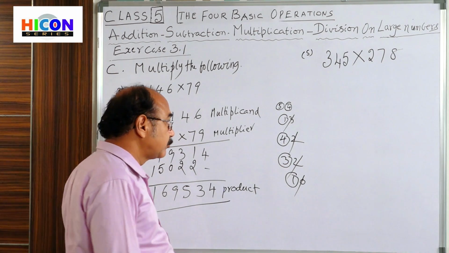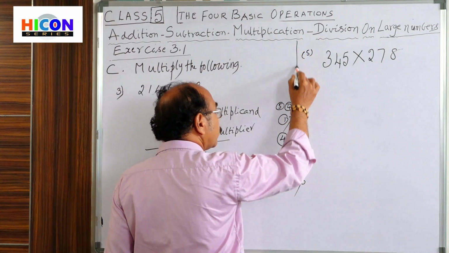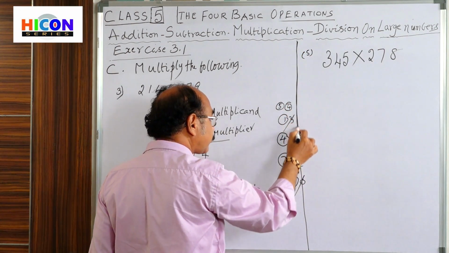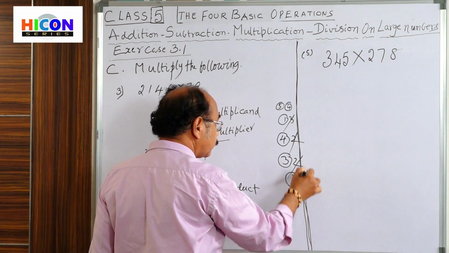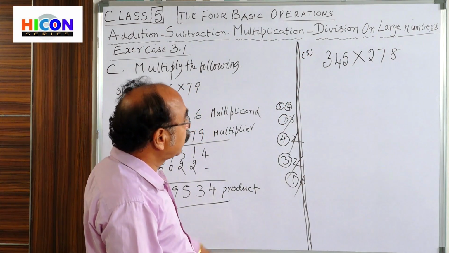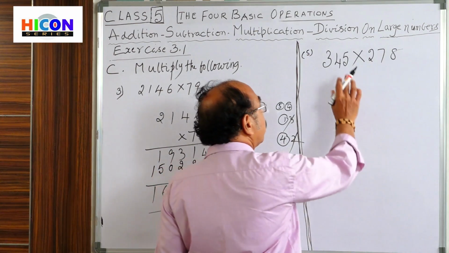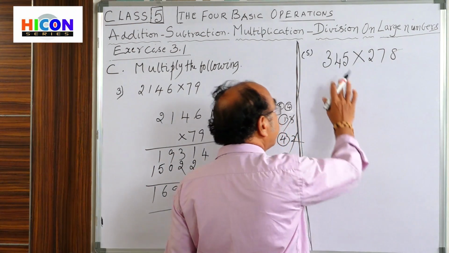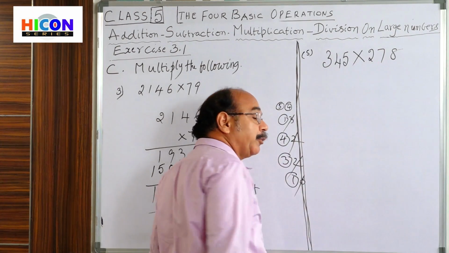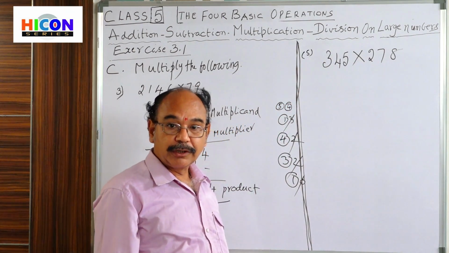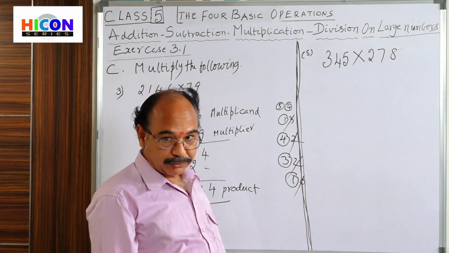Now, come to this. Okay, see, come here. This is the multiplicand. This is the multiplier. Multiply 345 into 278.